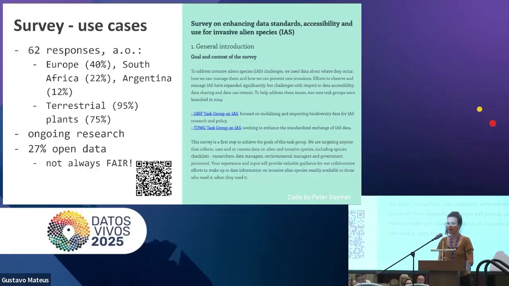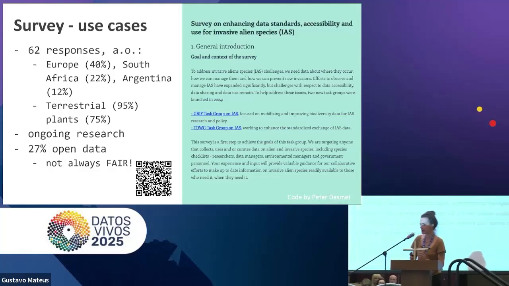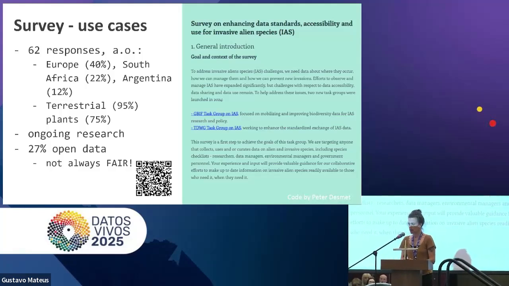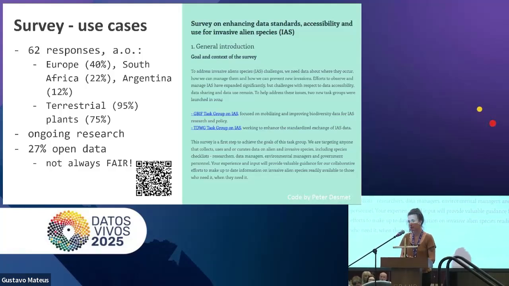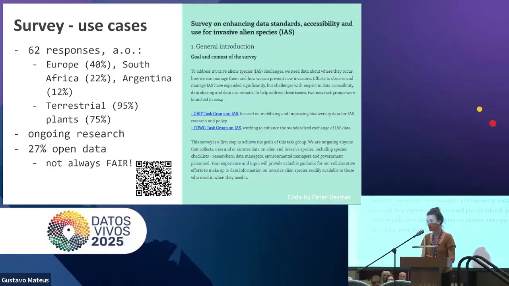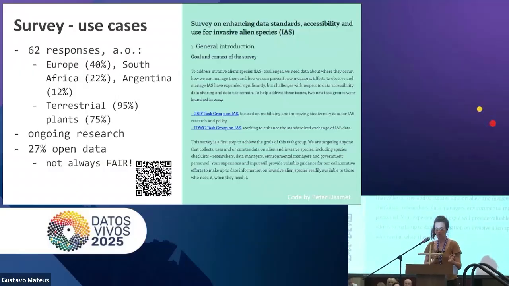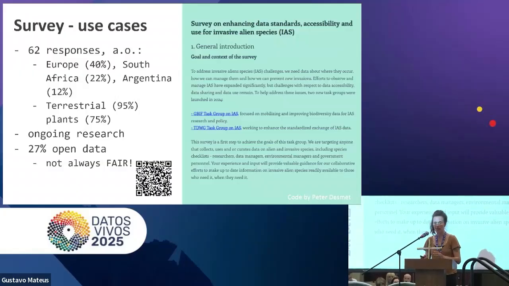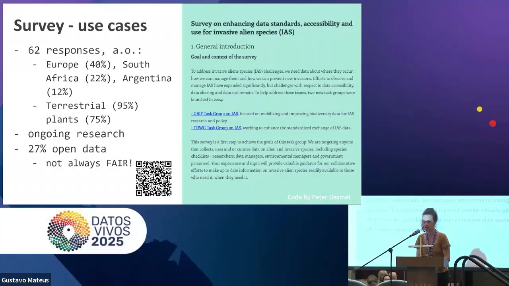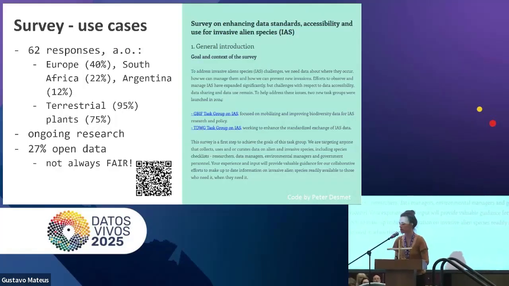So we're gathering responses from more people, because I did a quick analysis, and about 95% of the responses were focusing on terrestrial species and 75% on plants. So anyone working on marine species, vertebrates, invertebrates, whatever group that is not plants, I really invite you to go through our survey.